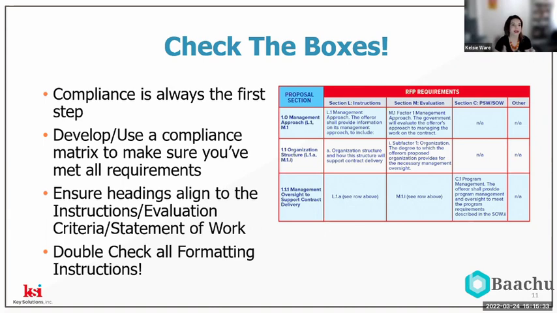So always make sure at the beginning of every review cycle, you're going back and double checking those formatting instructions, making sure your graphics and tables are all the right size, your fonts are all still according to the requirements, your page sizes. It can be something that's very easy to not think about as often because it's not what the customer is really asking you to talk about, but it is still important to the compliance of the proposal.